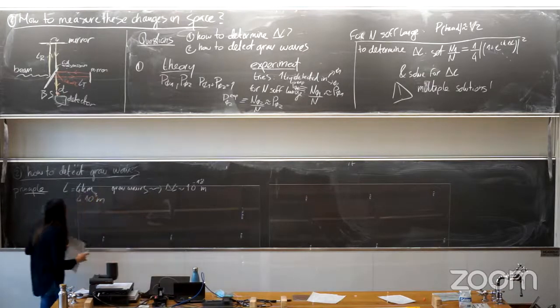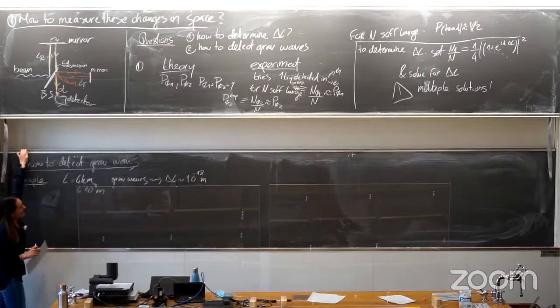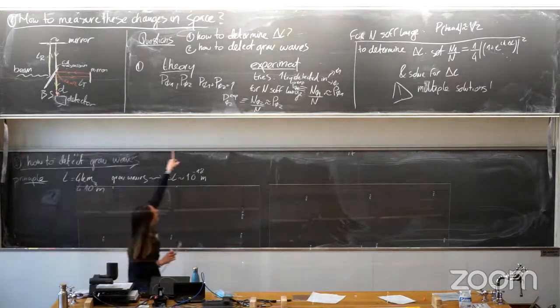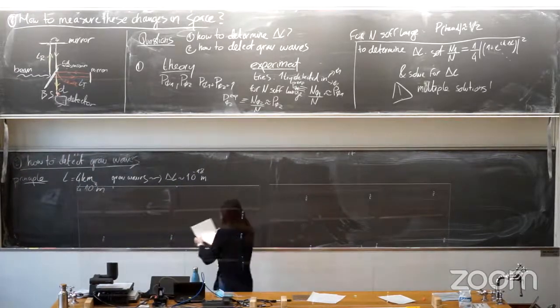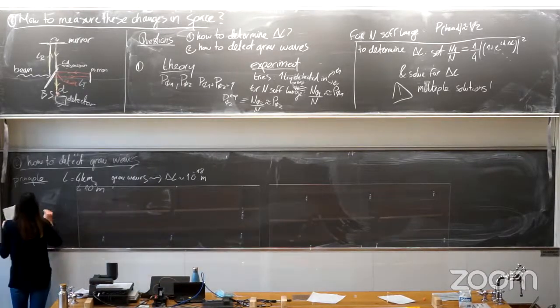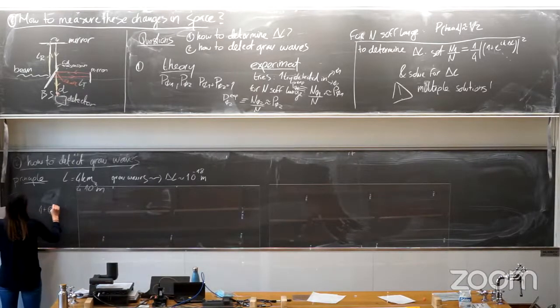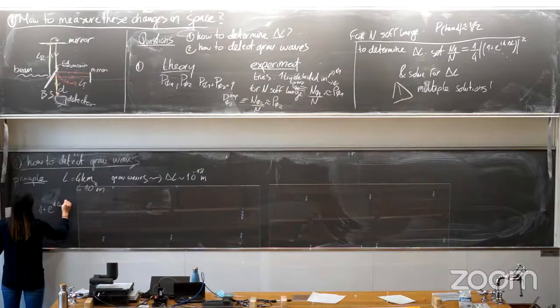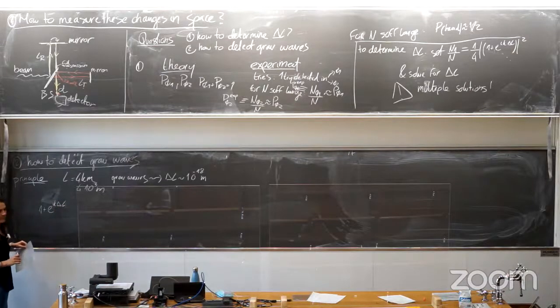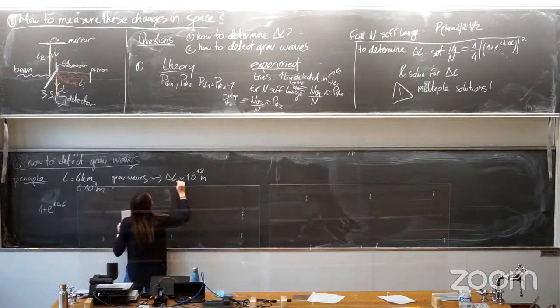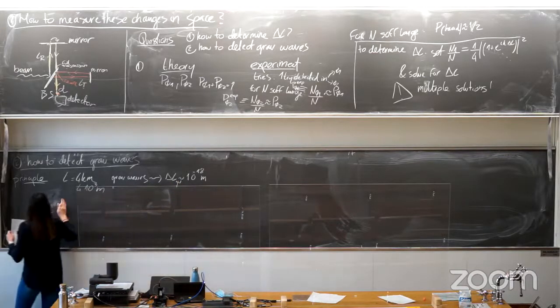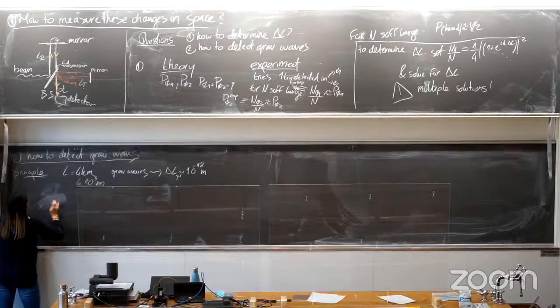So what's the idea here? If we proceed in that way, we will have 1 plus e to the i k delta L. So let's go back to the experiment.